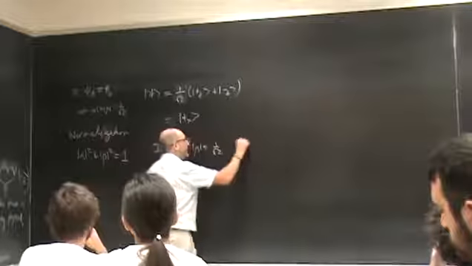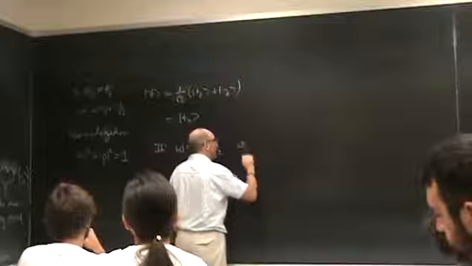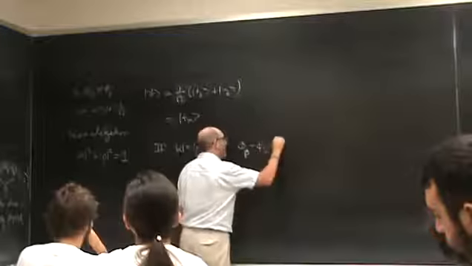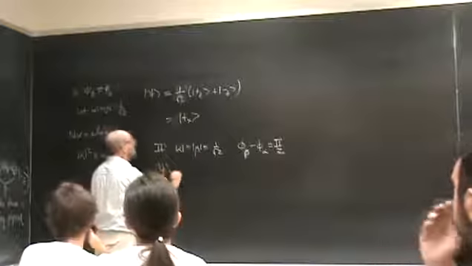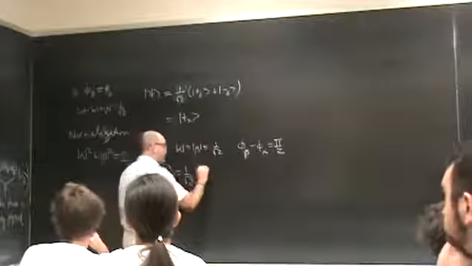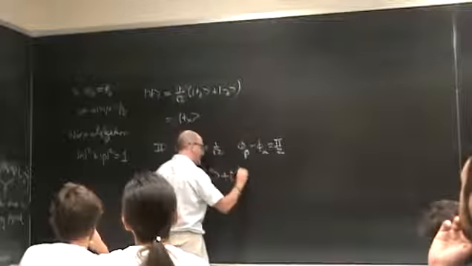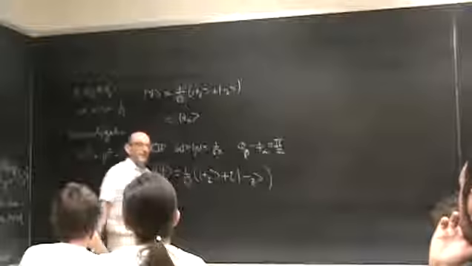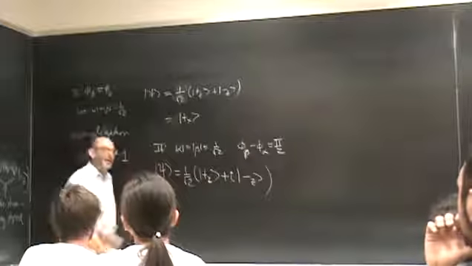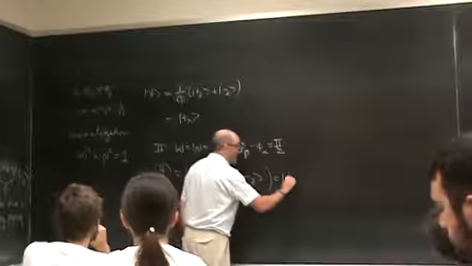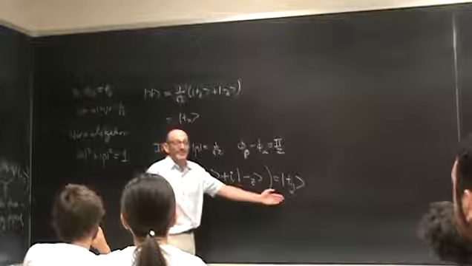However, if alpha and beta are both 1 over root 2, and say the difference between these phases is pi over 2, then this state is what? Well, it's 1 over root 2 times up plus i times down. And what is that state? Yeah, that's spin up along y. That's a state that if I were to measure it along x, I could get spin down along x.